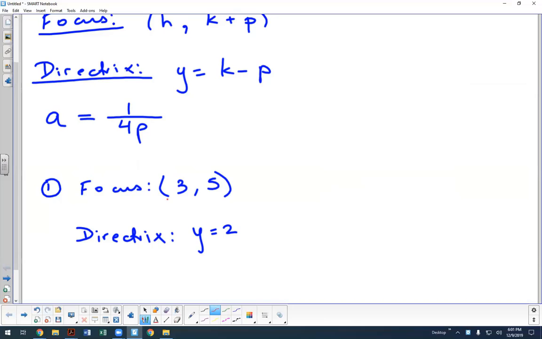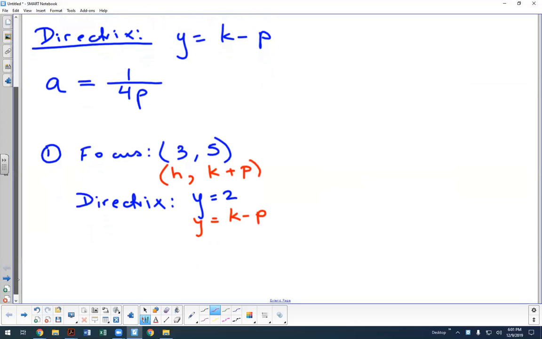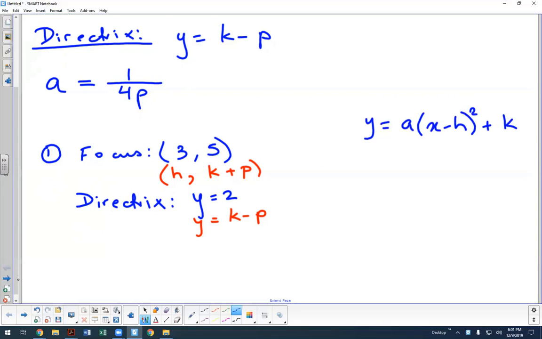Okay, so remember how focus is defined as h, k plus p, and directrix is defined as y equals k minus p. So if we needed to find the equation of the parabola, we will actually do that in this form. Okay.